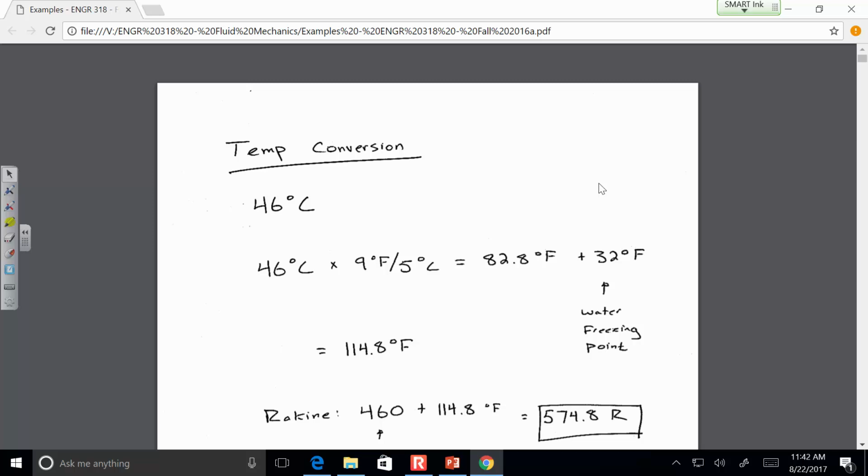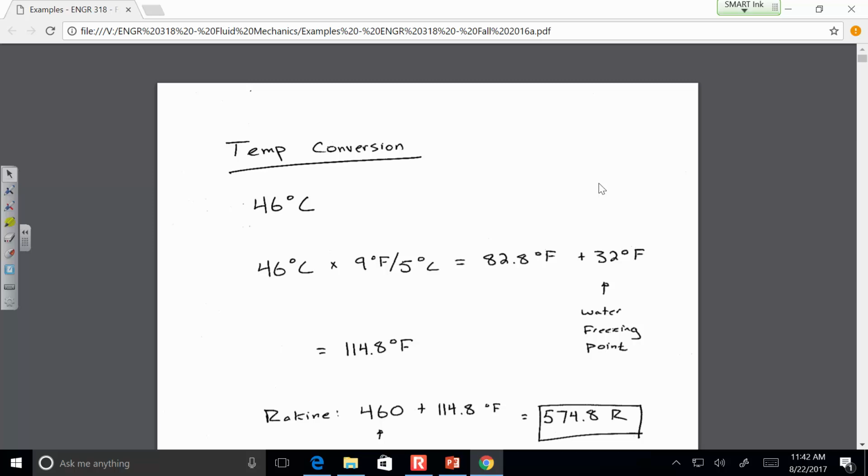So the conversion is kind of 2 stages, adjusting the size of the degrees and also adjusting the freezing point of the water. So if it's 46 degrees Celsius in Dubai, then people are enjoying 114.8 degree Fahrenheit weather. And that's summertime weather in Dubai.